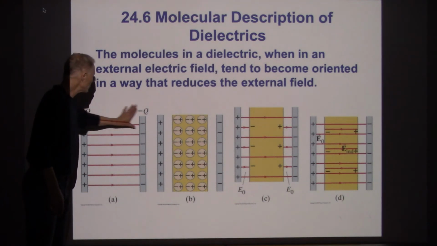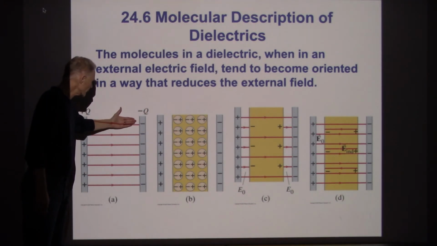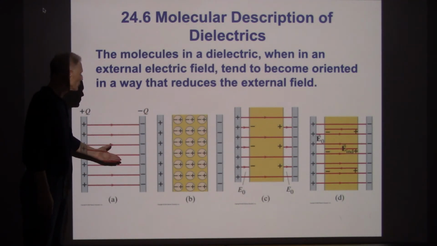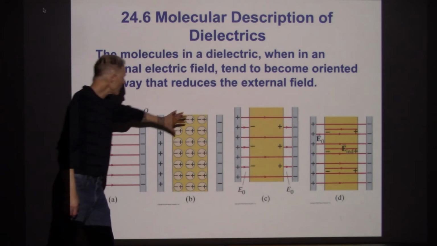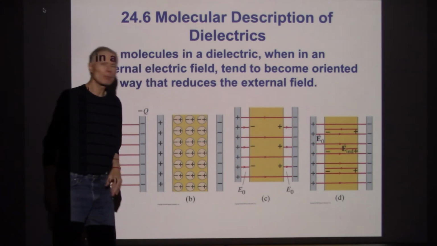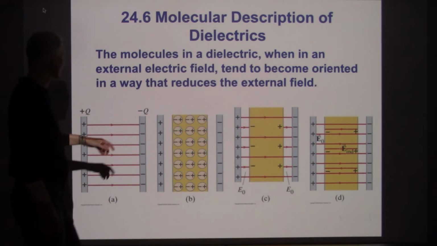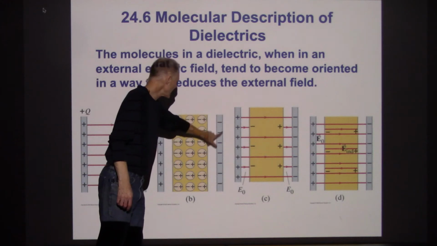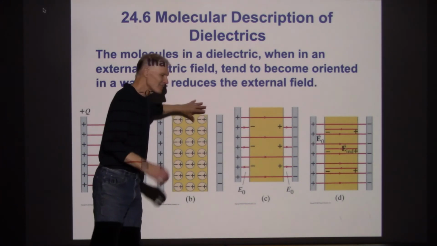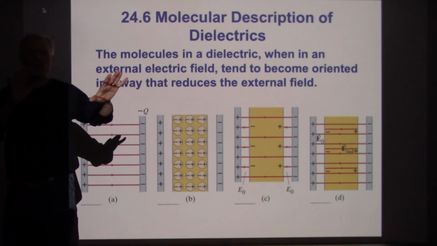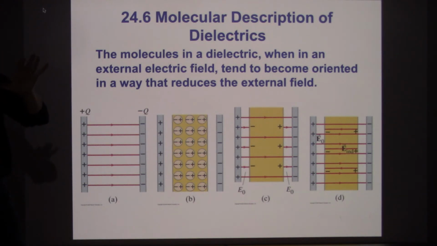If I just have the two layers, I've got an electric field set up between the two plates. Now, if I put in some material that is able to polarize, meaning that when the surrounding plates become positive and negative, the electrons in the material get pulled to one side and the nuclei get pulled a little bit to the other. It's not like they separate, but all the electrons shift just a little bit.